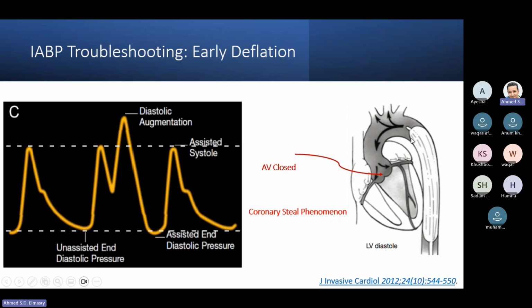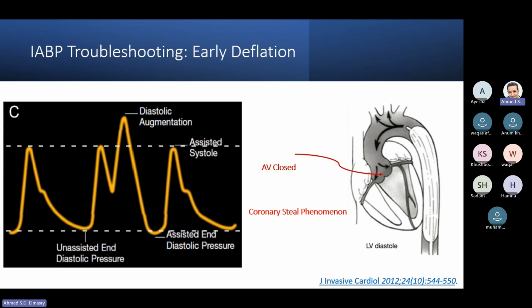If the inflation of the intra-aortic balloon is happening, the deflation should occur, let's say after 1 second. Okay, let's say this is normal. The deflation point should happen after 1 or 2 seconds, let's say 2 seconds.